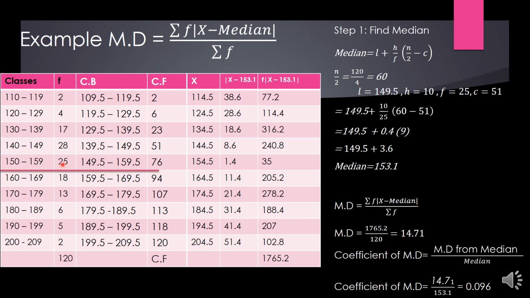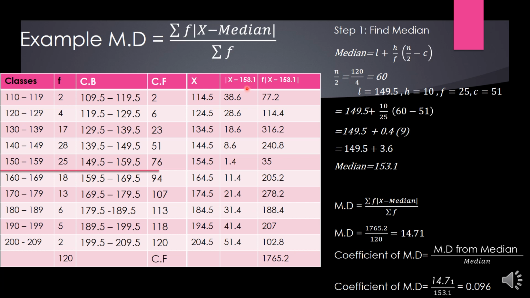In this data we don't have the x column, so we calculate it using the midpoint formula, which is the lower class boundary plus upper class boundary divided by 2. Once you have the midpoints, you find x minus median, where the median is 153.1, from all the values of x.